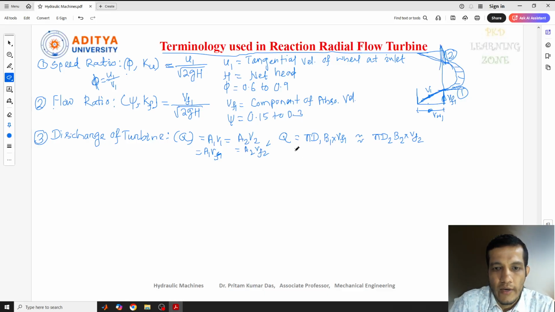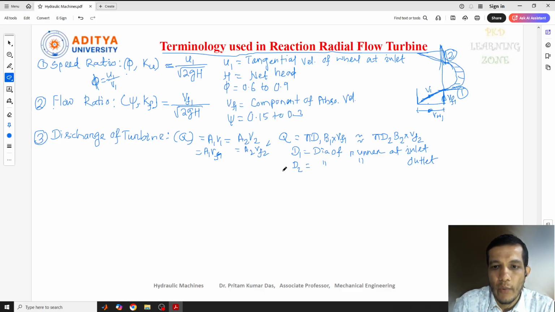So d1 we can write, that is nothing but diameter of the runner at inlet condition. This is diameter of runner at inlet, through which the liquid is flowing, or the liquid is entering. Similarly, this one we can write diameter of runner at outlet condition.